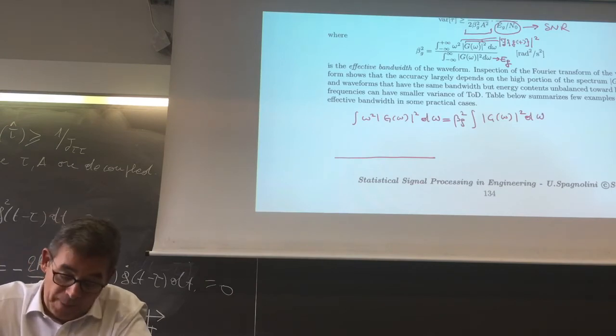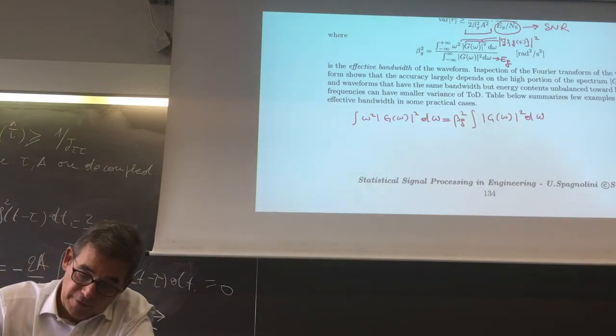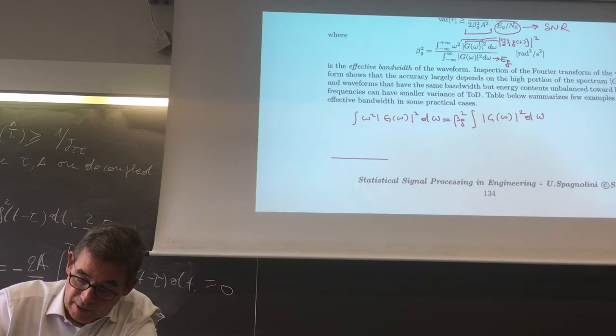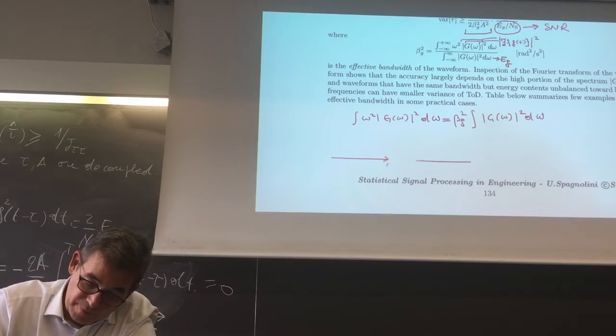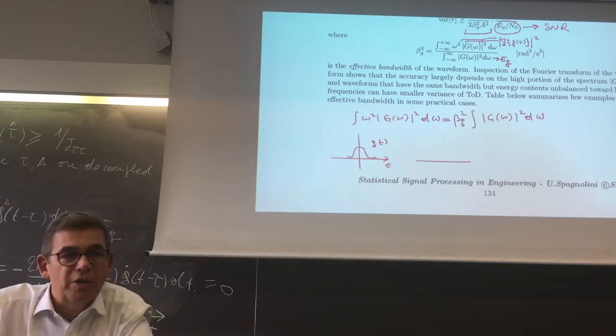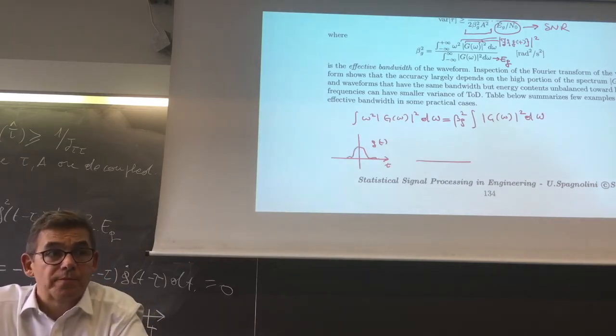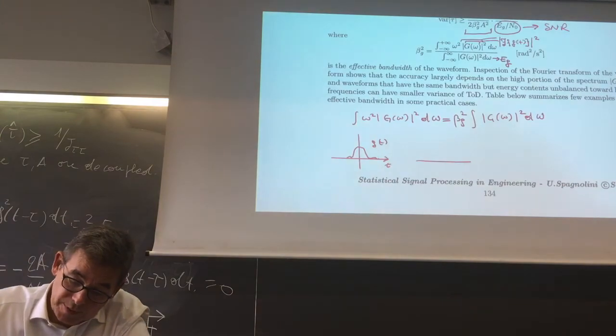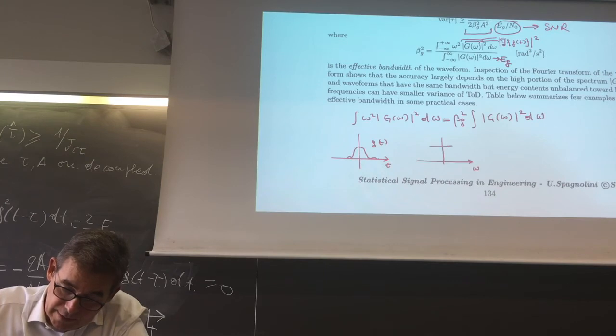So if I have a certain waveform, g of t, that is low pass as a characteristic, very much low pass, this means that in omega it contains a lot of low frequencies.